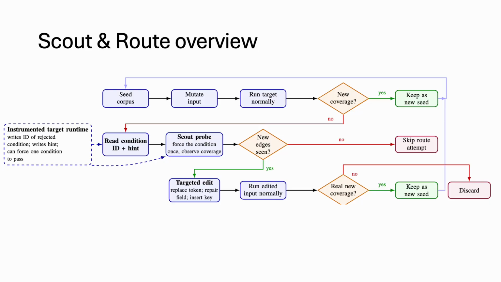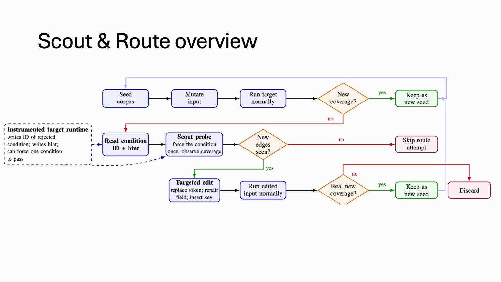But now there's an additional path where when a seed doesn't end up generating new coverage, it records the ID of the conditional that it got blocked by, and then also a hint. And a hint can be, as an example, just the bytes that, if placed correctly within the seed, would be able to get past that conditional.